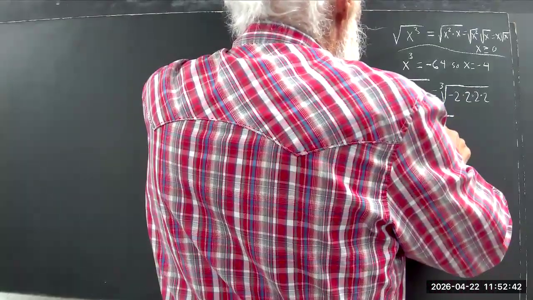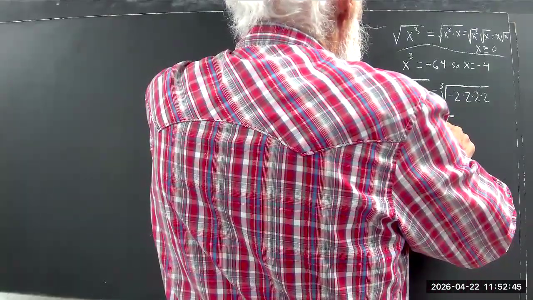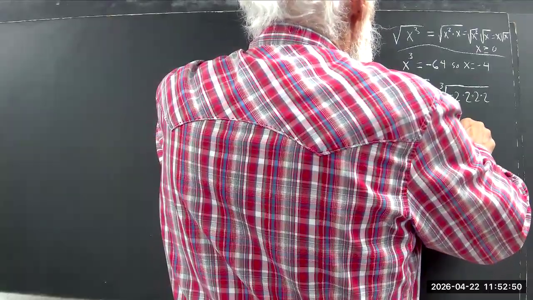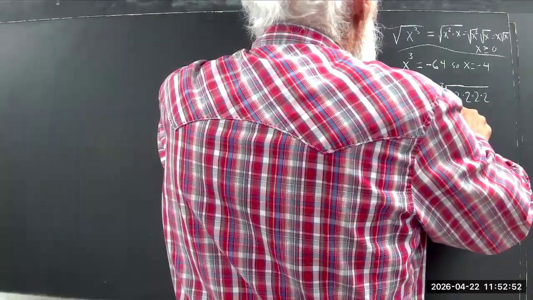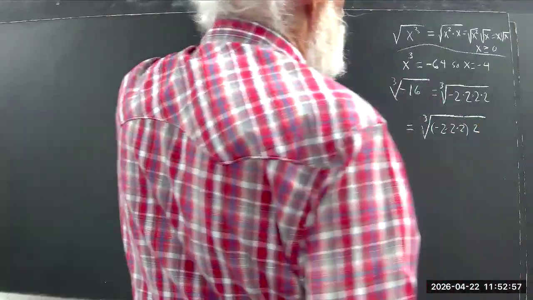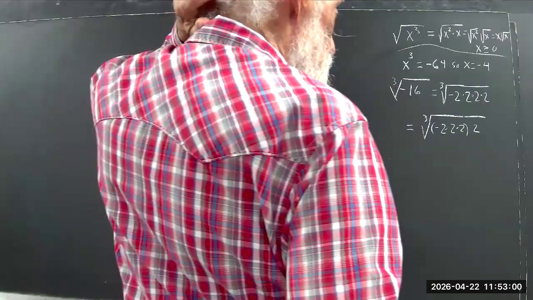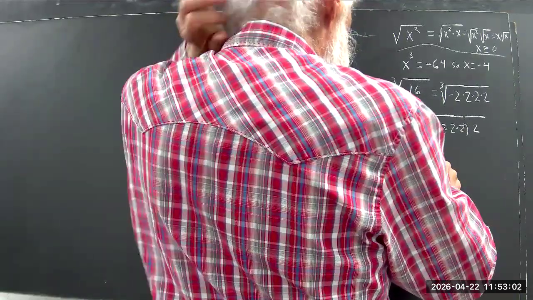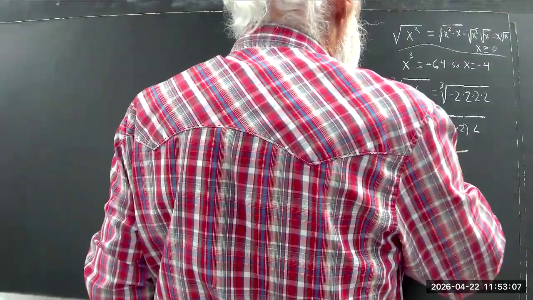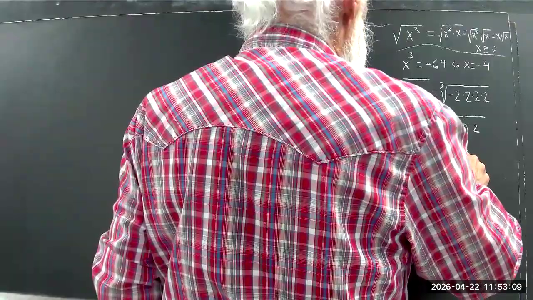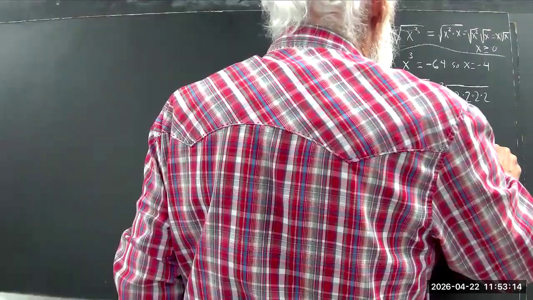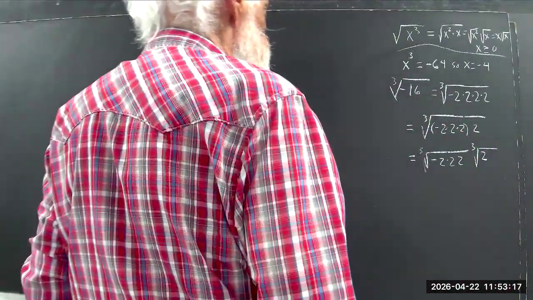That equals the cube root of negative 2 times 2 times 2 times 2, which is the cube root of negative 2 times 2 times 2 multiplied by the cube root of 2.